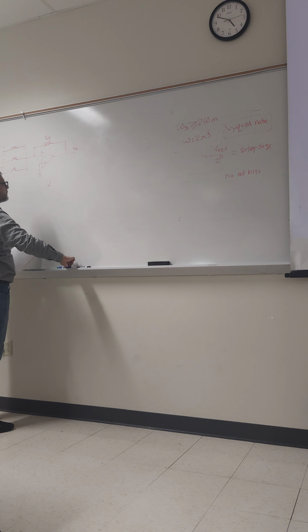That becomes 4 plus 2 plus 1, 7, right? 7 by 4 into 5, that means 35 by 4, which is 8.75. So this is the full scale output voltage.